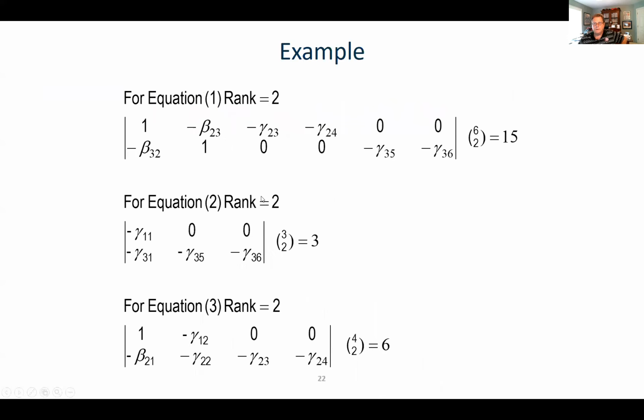possible ways we can form non-vanishing determinants of rank 2. Now we only need one. So in this case, based on the second 2 by 2 matrix, what we need to find is either gamma 2,3 or beta 3,2 not equaling 0.